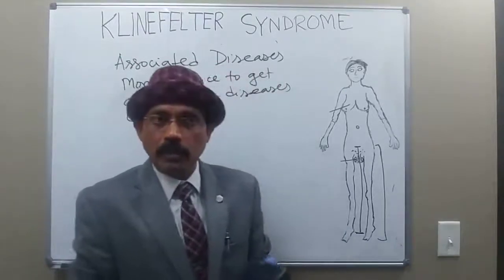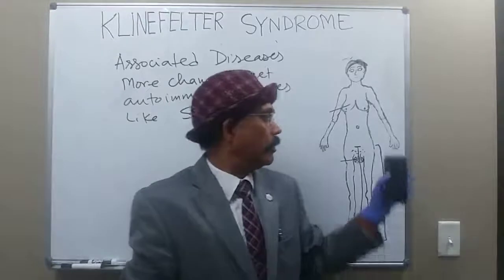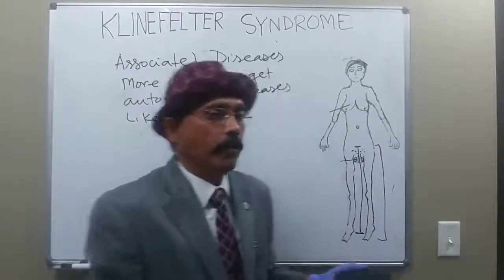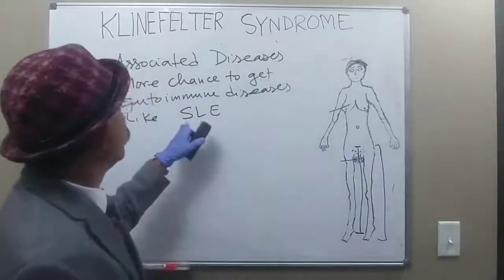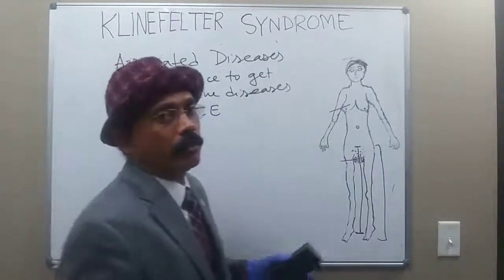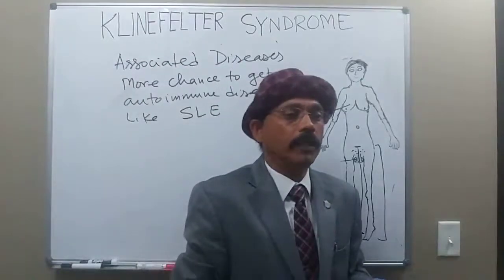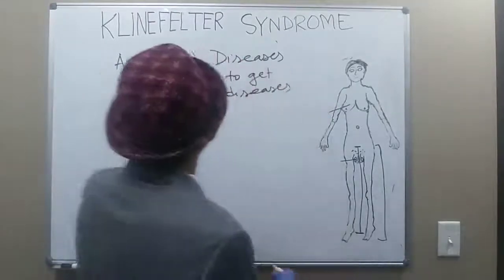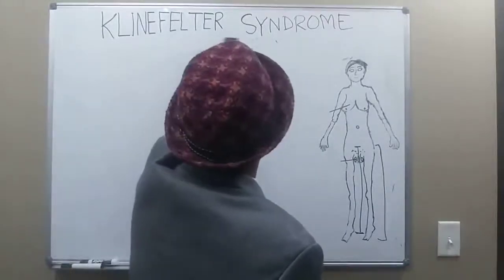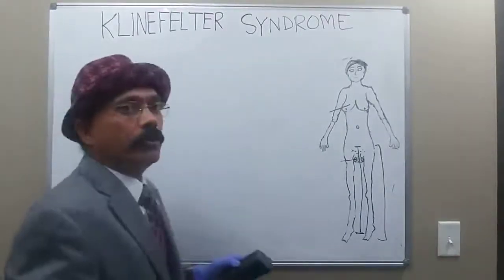They may have fatigue, may feel tiredness because they are not very masculine. Okay, that is a possibility also. So chance of getting autoimmune disease like systemic lupus erythematosus is common there. Okay. So we got the associated diseases with Klinefelter syndrome.